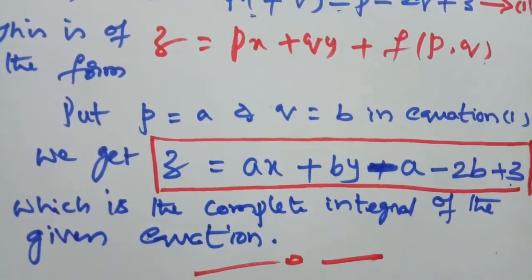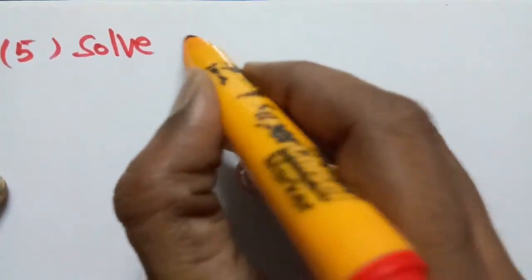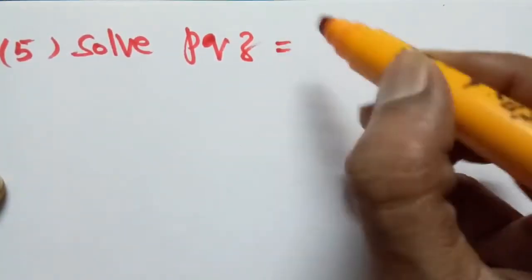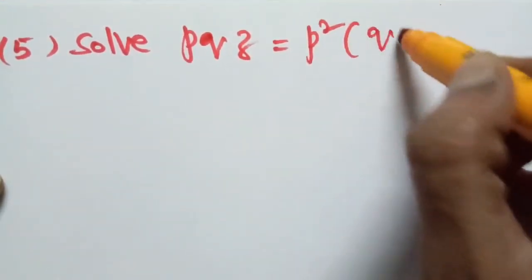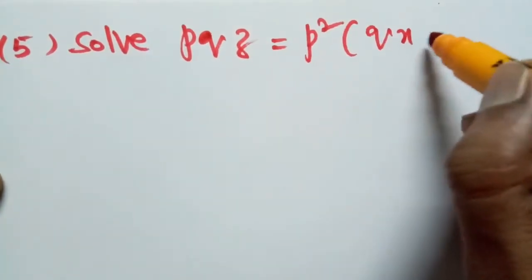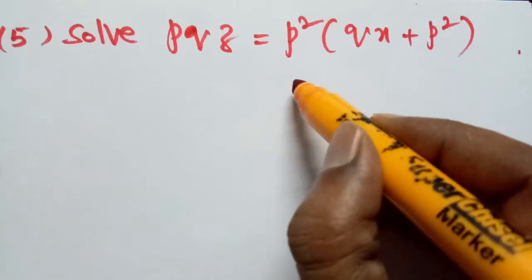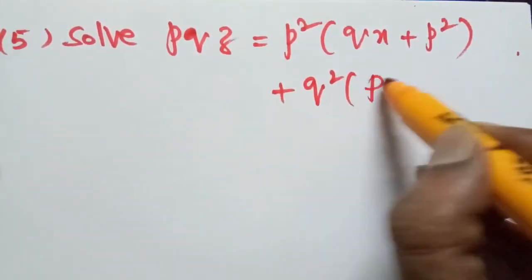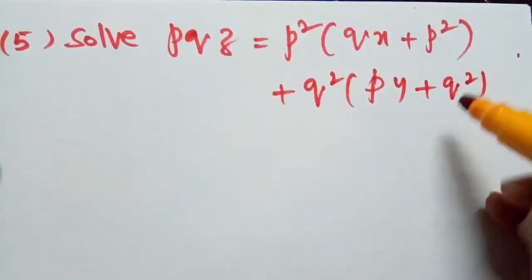Now problem number 5. Solve pqz is equal to p square into qx plus p square, plus q square into py plus q square.